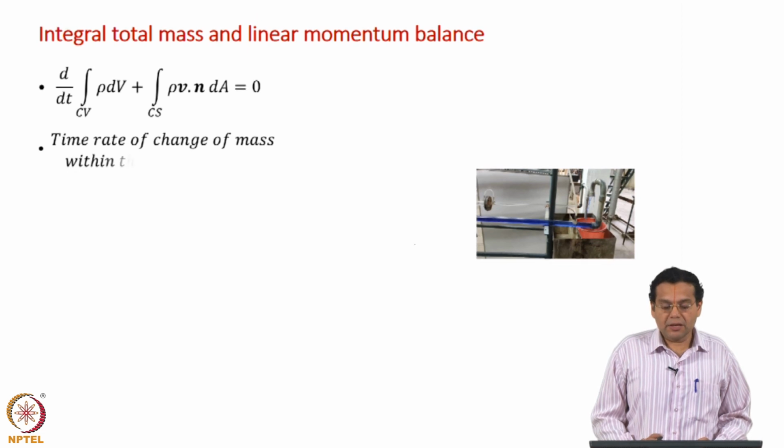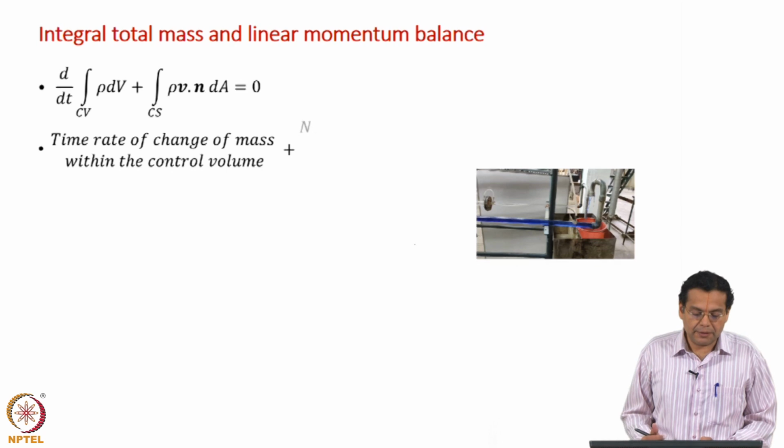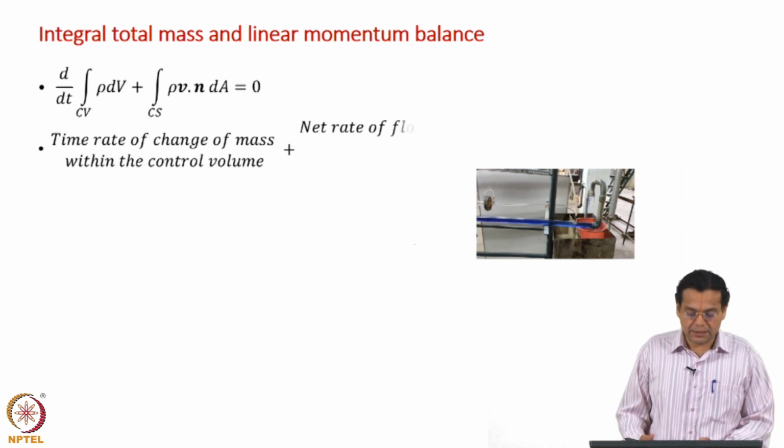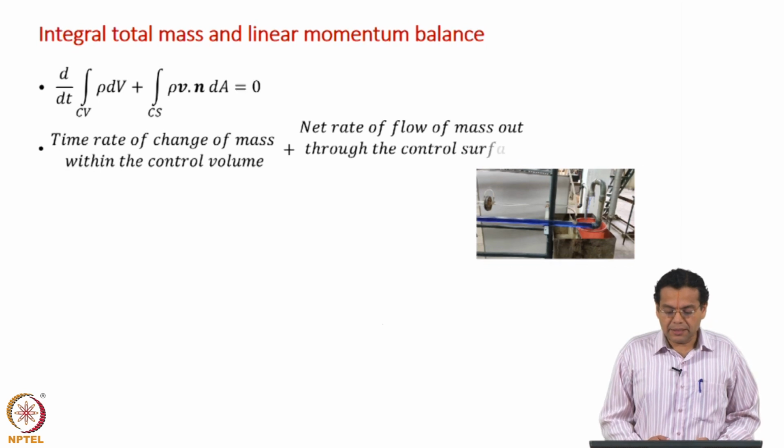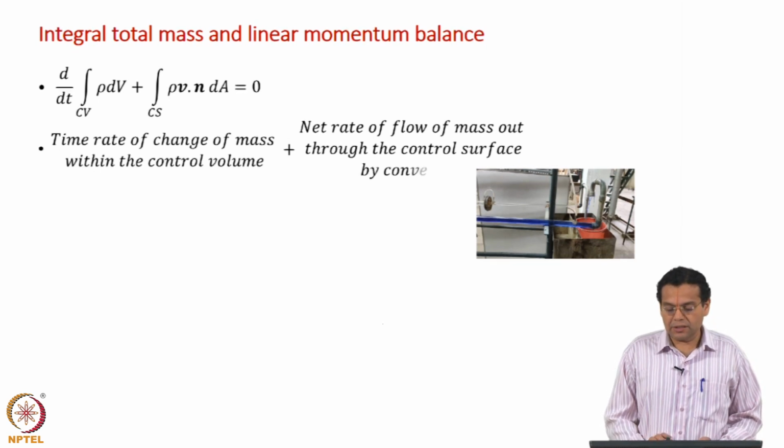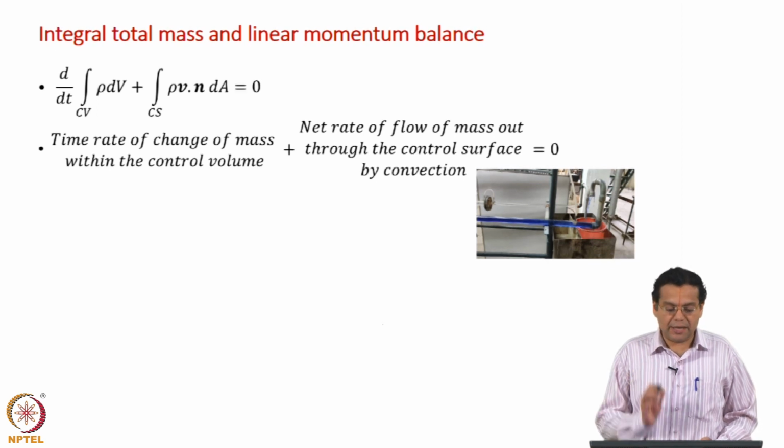Even the terminology and words used are all analogous. The first term represents the time rate of change of mass within the control volume. The second term, the net rate of flow of mass out through the control surface by convection. The right hand side is 0 for the case of mass balance.